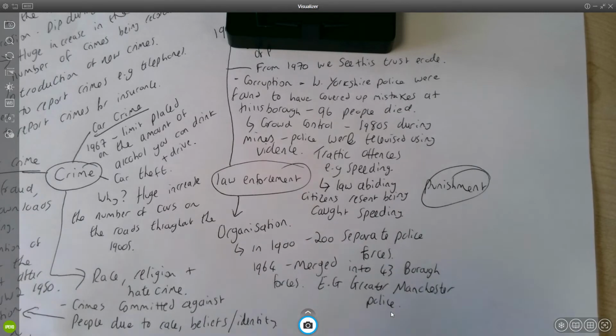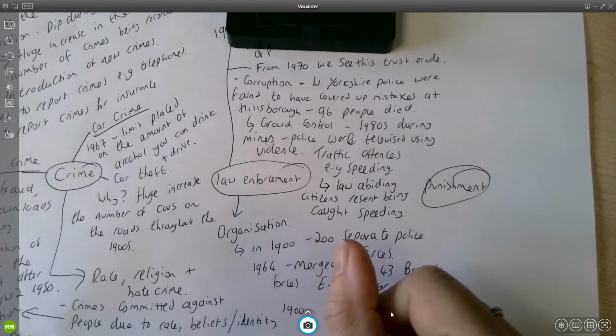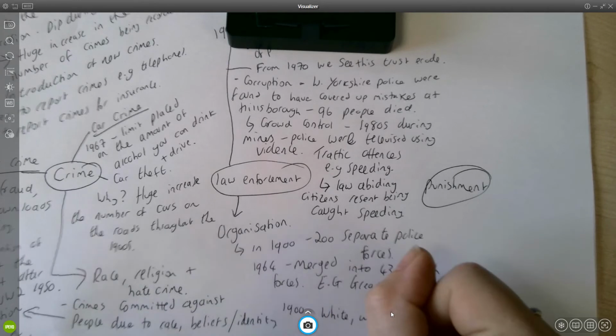There's also changes to recruitment. So in 1900, it's very much white, working class males.